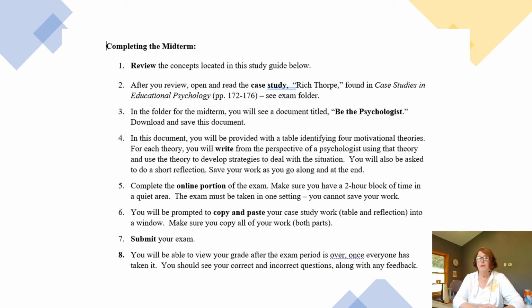For each theory, write from the perspective of a psychologist using that theory, and use the theory to develop strategies to deal with the situation. Also below the table, this is important to note, there's a short reflection. And so what you're going to need to do there is write about that. So don't forget to do that part.